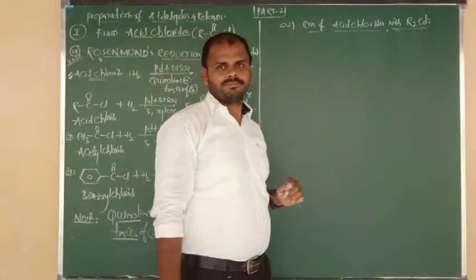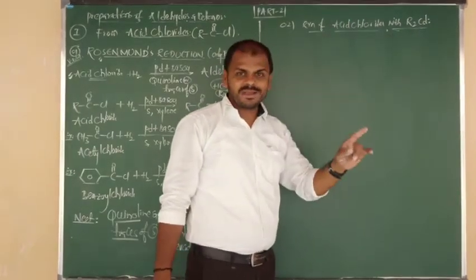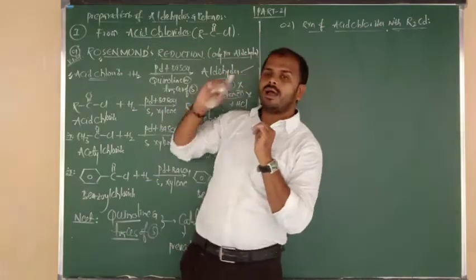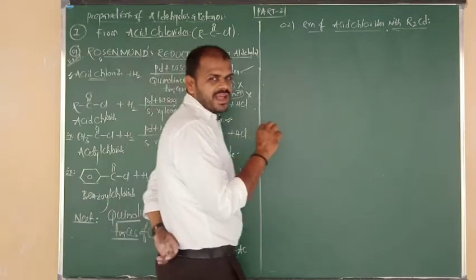Okay, beta? The reaction between these two is responsible only for the formation of ketone. Rosenmund is only for aldehyde, but this is a method only for what, beta? Ketones. Shall I show the reaction directly?